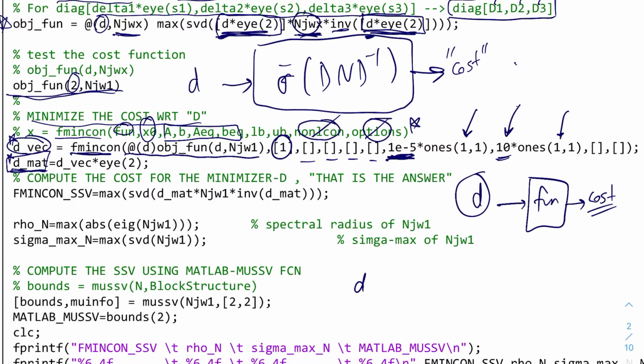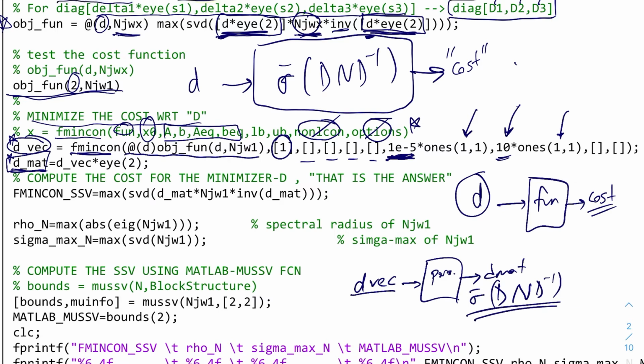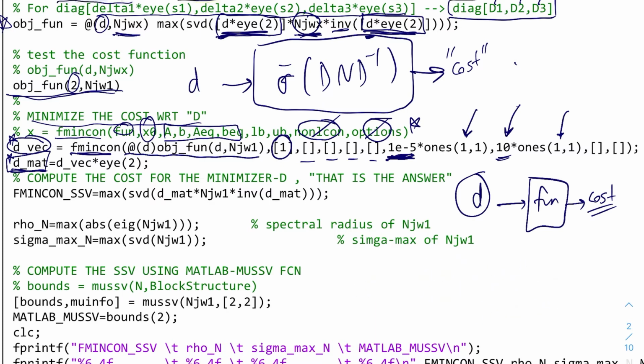Okay, so for a given dvec, there is some parameterization, and it will give us the D matrix, just D, and we will use it to compute the upper bound for SSV. Okay, and compute the cost for the minimizer D. Yeah, minimizer D. That's the answer.